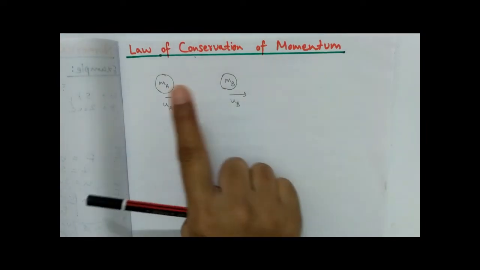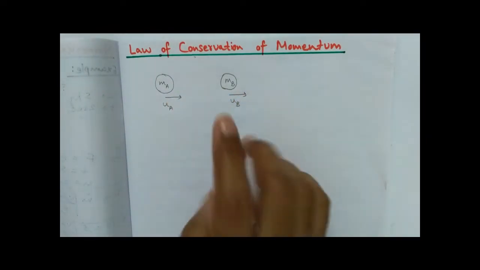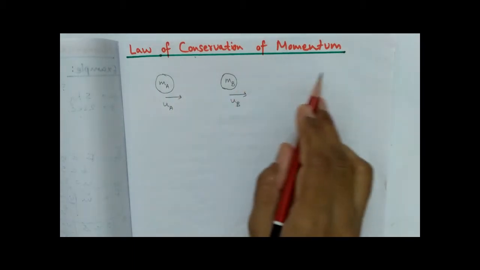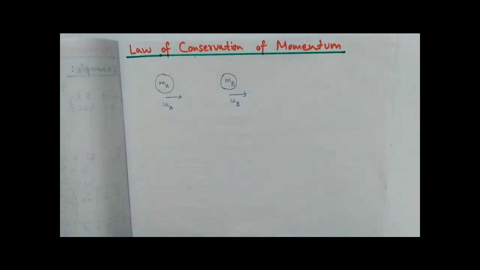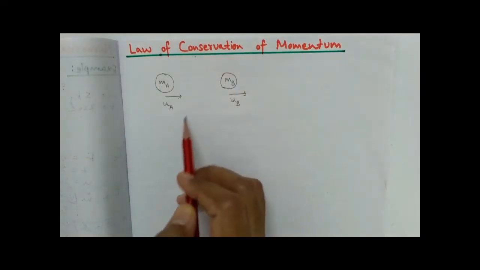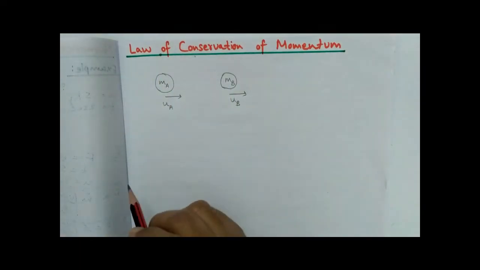Assume that both objects A and B are moving in the same direction, that is towards the right. Now assume that object A is faster than object B.